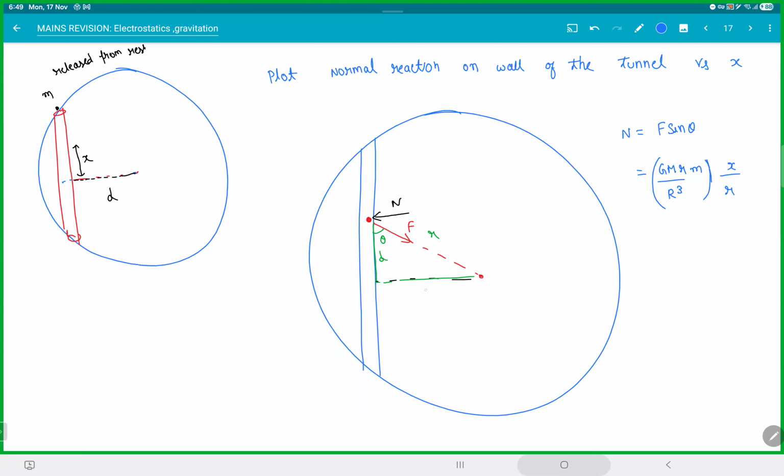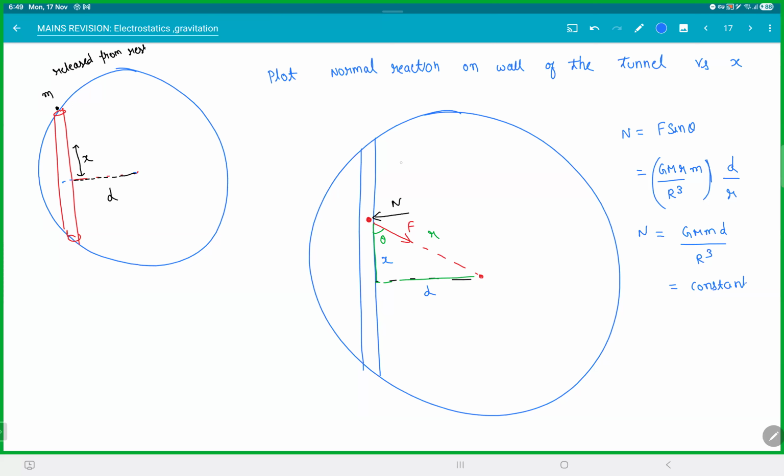Now this is d and that is x. I was wondering why I'm getting such a weird answer. d by r. Small r will cancel. You end up with G small m d by r cube. Check it out. Constant. The normal reaction does not change. So as you're gliding in the tunnel, you'll have a constant normal reaction.